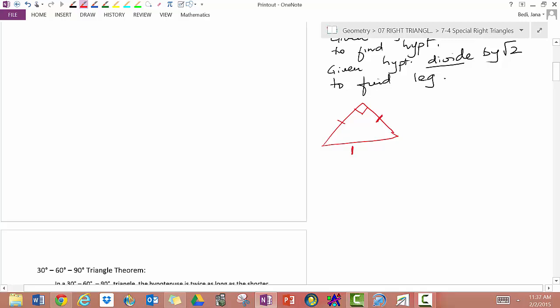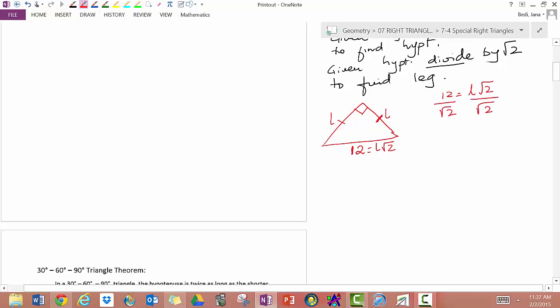So you're given that the hypotenuse is 12. Find the leg. Remember, the hypotenuse is equal to the leg times root 2. So I have an equation: 12 equals L root 2. Divide both sides by root 2.